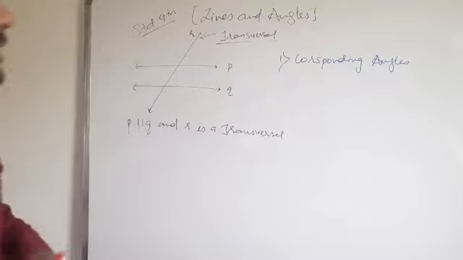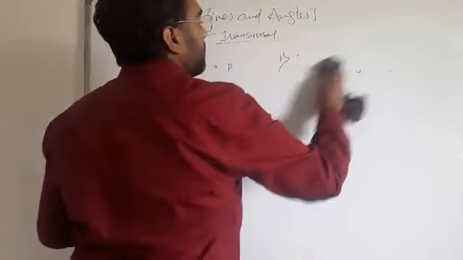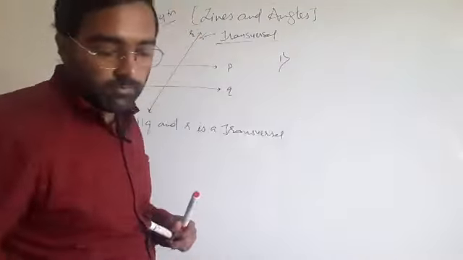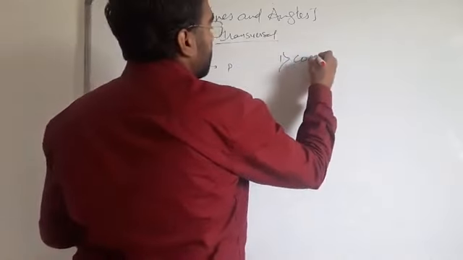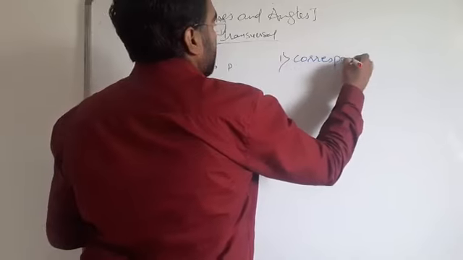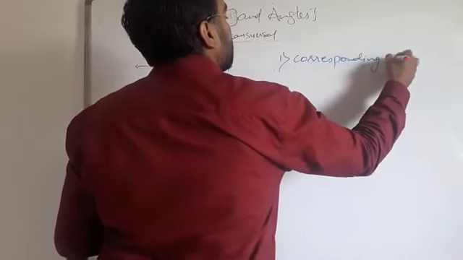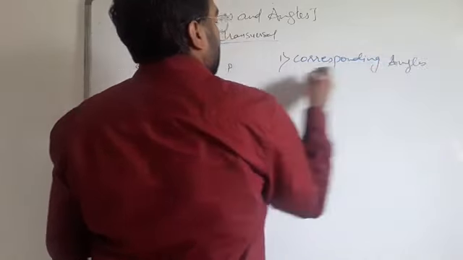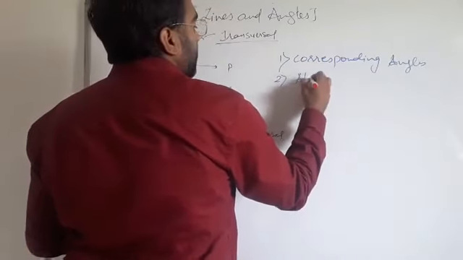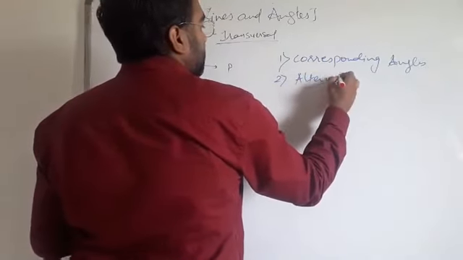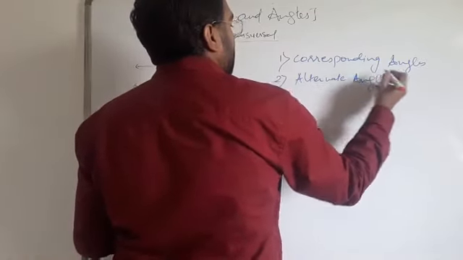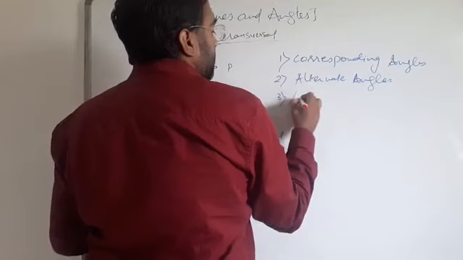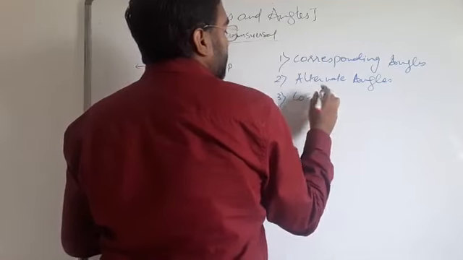For this we have to write corresponding angles. Second one is alternate angles, and the third one is co-interior angles.